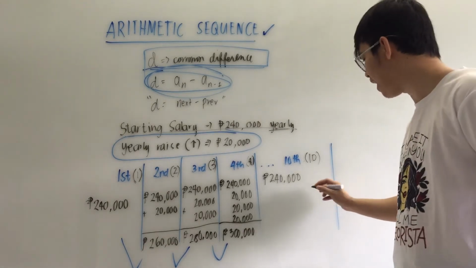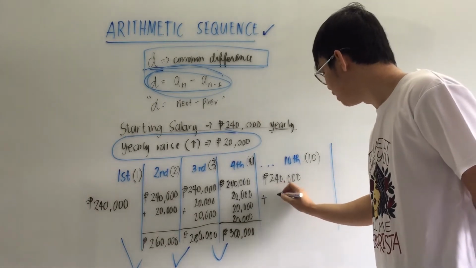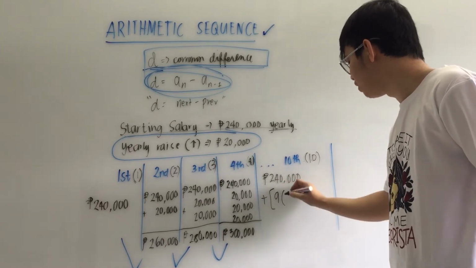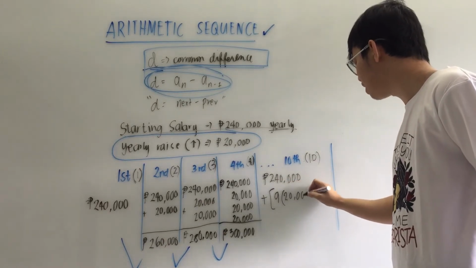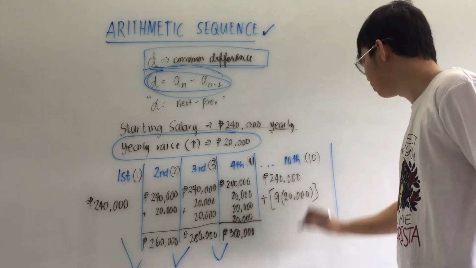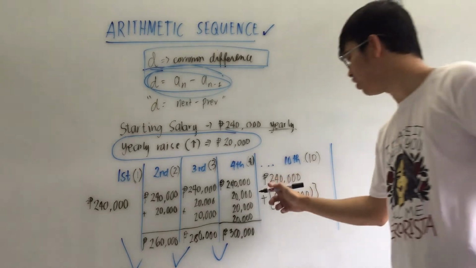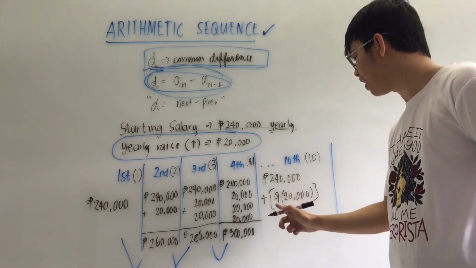So therefore, we just write plus 9 times 20,000 pesos. And what do we get here? You will be getting here what? 240,000 plus 9 times 20,000.